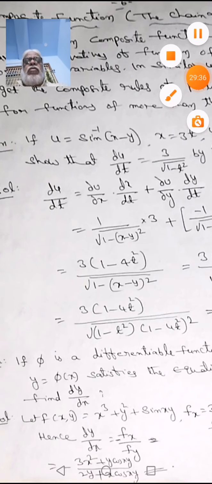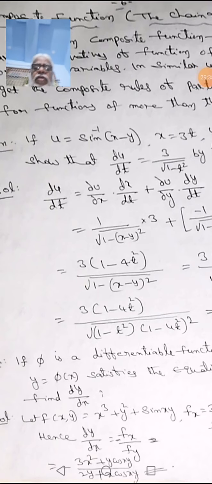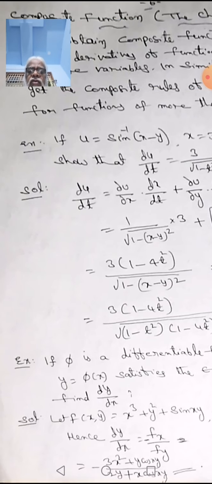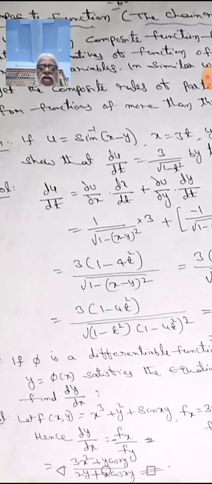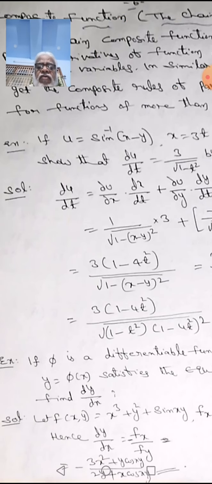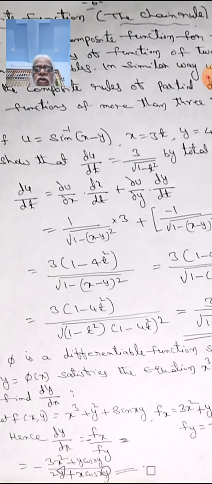So the problem is: if phi is a differentiable function such that y is equal to phi of x satisfies the equation x cube plus y square plus sin xy is equal to 0. You see, let f of xy is equal to x cube plus y square plus sin of xy.